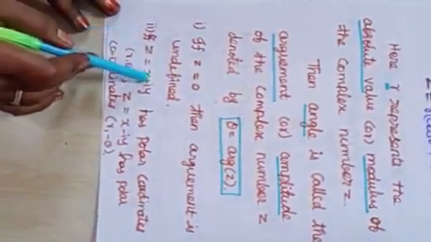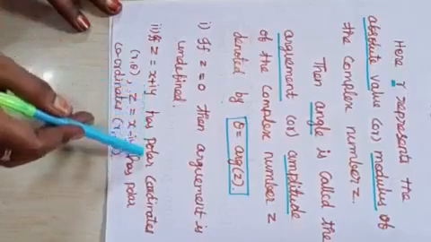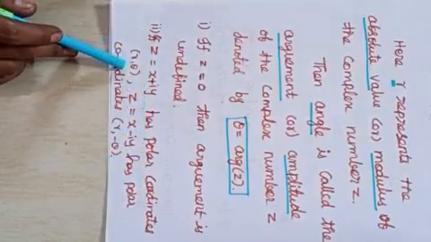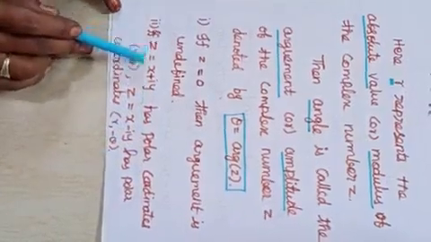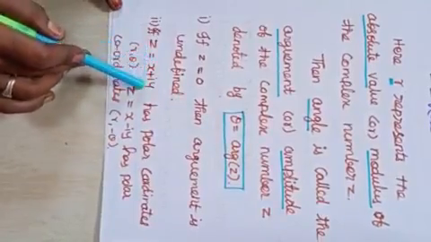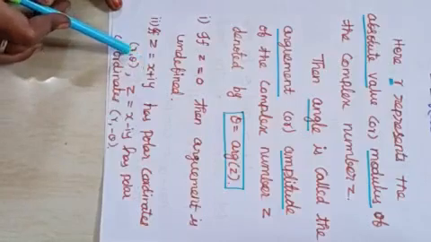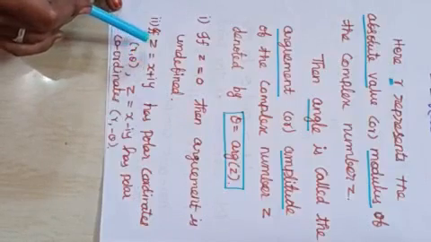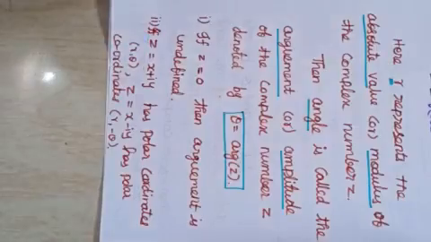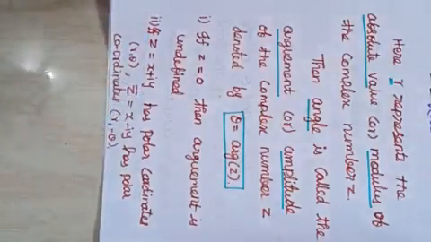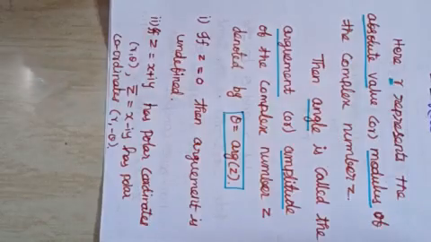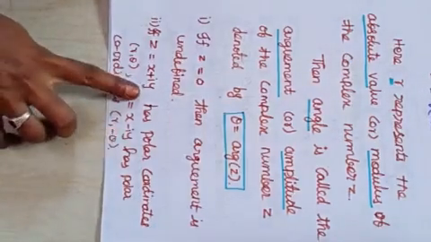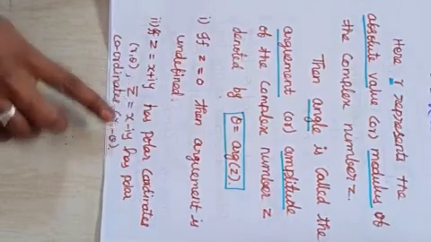If z is equal to x plus iy has polar coordinates r comma theta, but z bar, that is z bar equal to x minus iy, has polar coordinates r comma minus theta. Z bar means polar coordinates r comma minus theta.